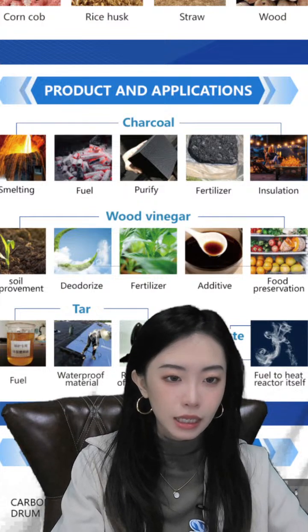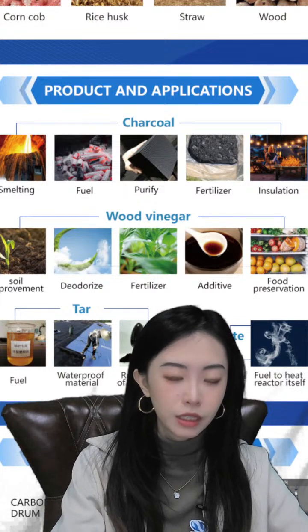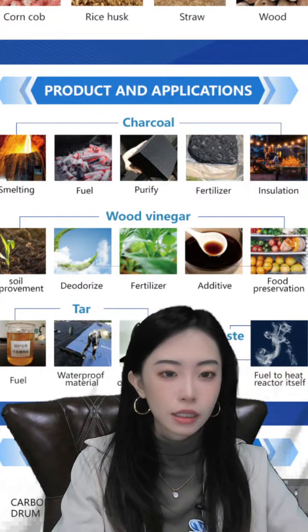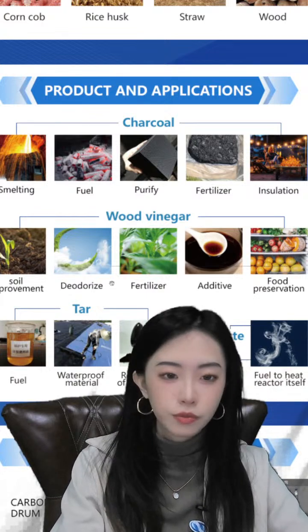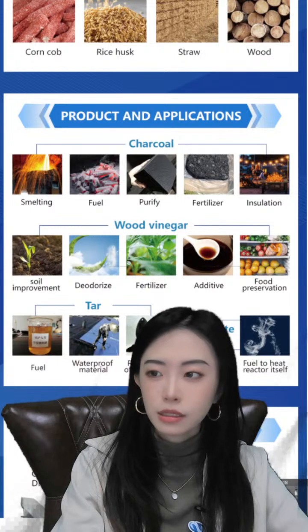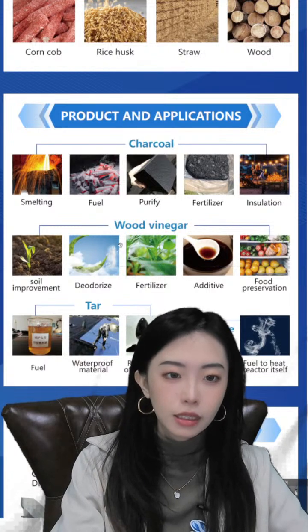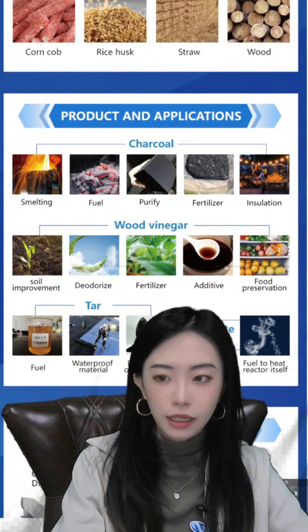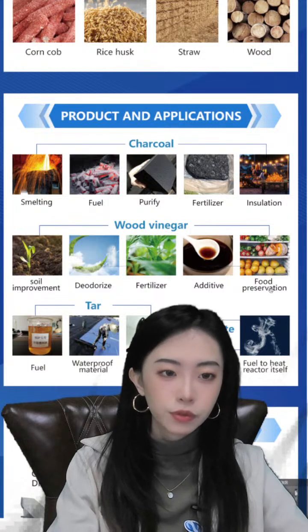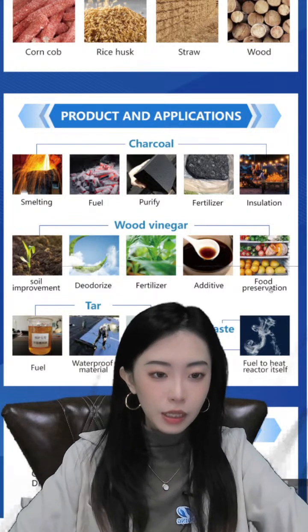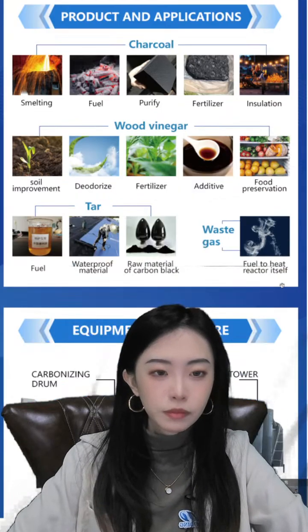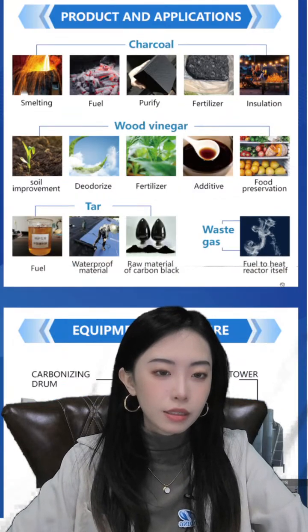And the second product is the wood vinegar. It can be used for soil improvement, deodorizing, fertilizer activation, and food preservation. And also the main product, the tar.